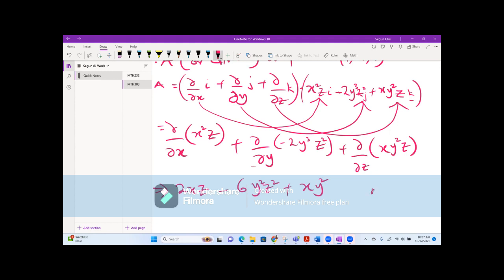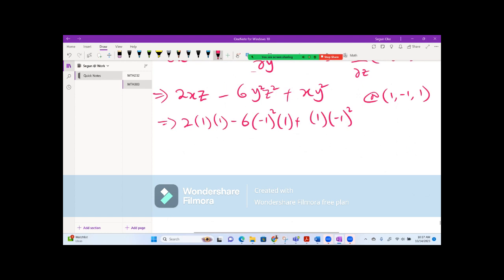At 1 comma minus 1 comma 1, we have it to be 2 in brackets 1 minus 6 in brackets minus 1 squared 1 plus 1 comma minus 1. So what do we have?